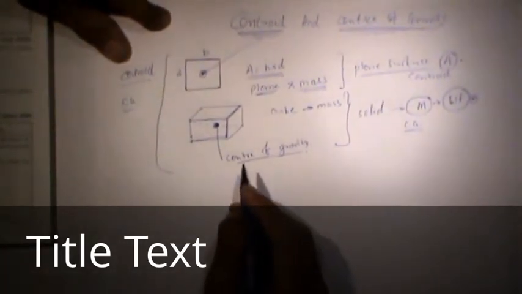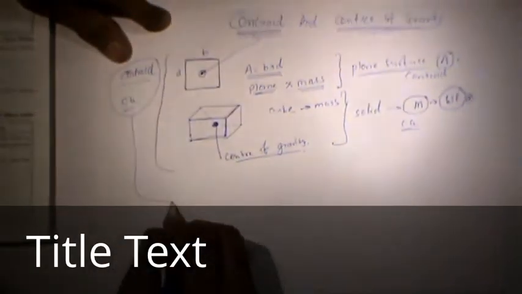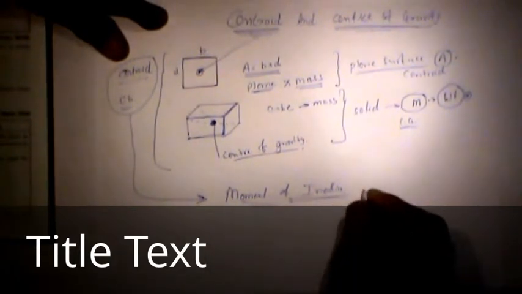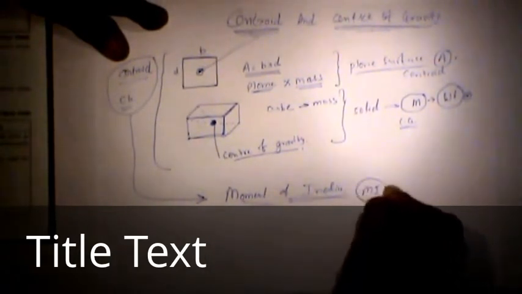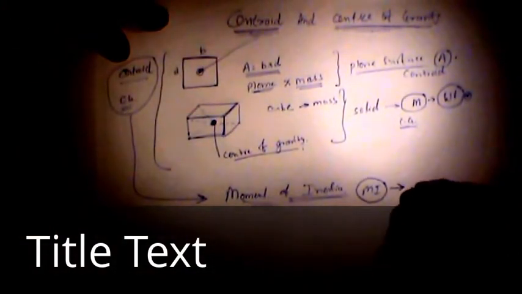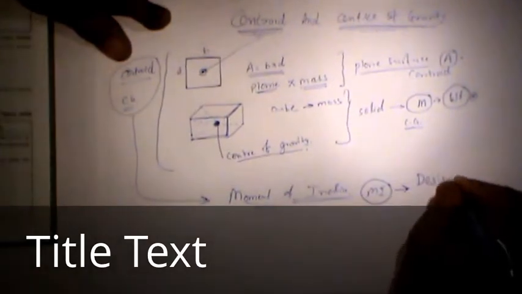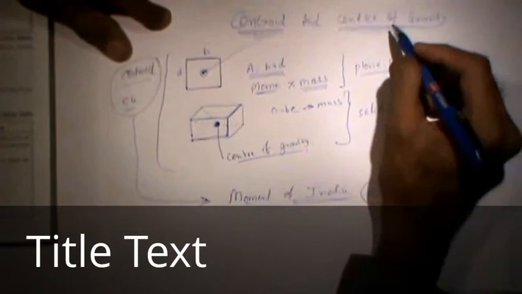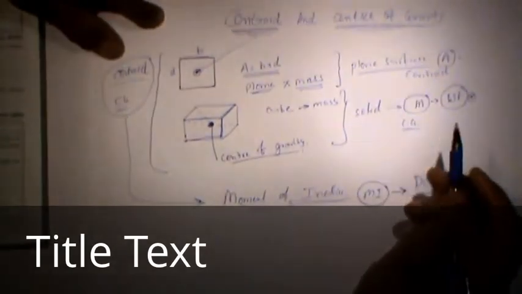As a whole, this phenomenon is also utilized in finding the moment of inertia, the MI, and this MI is mostly used in design. So it is very much important to have the knowledge of the center of gravity and centroid.